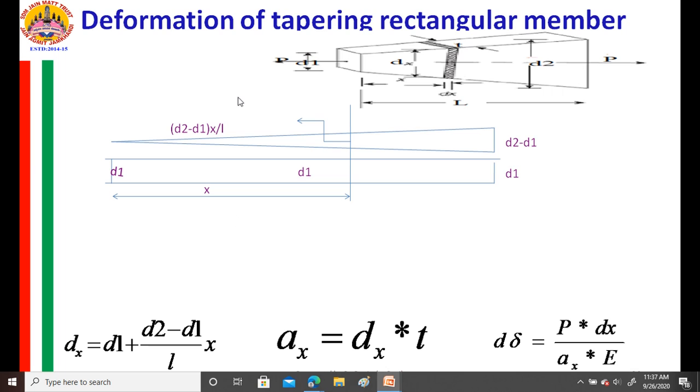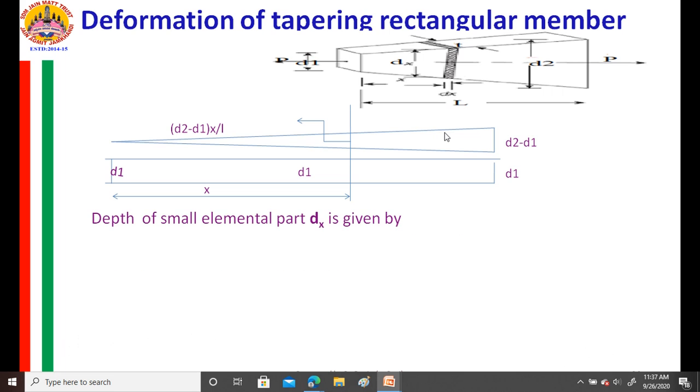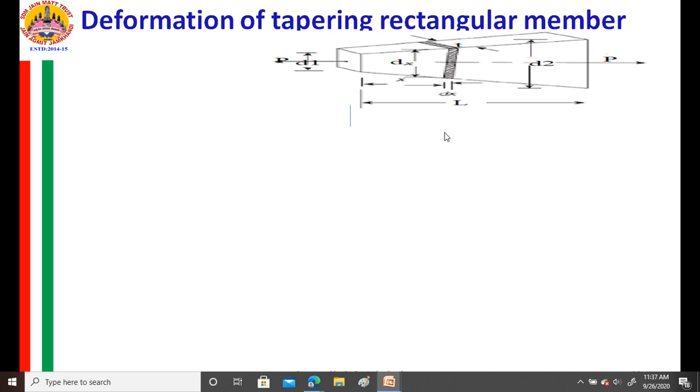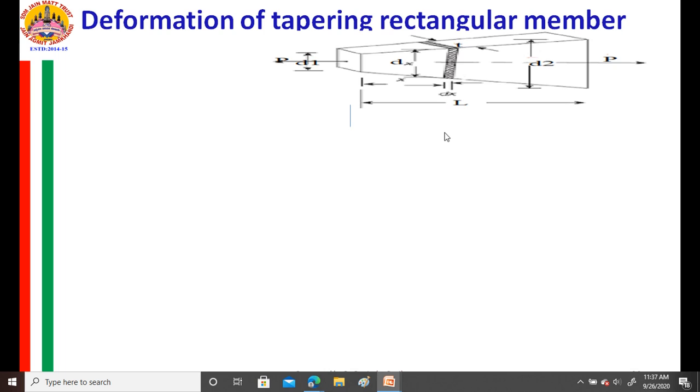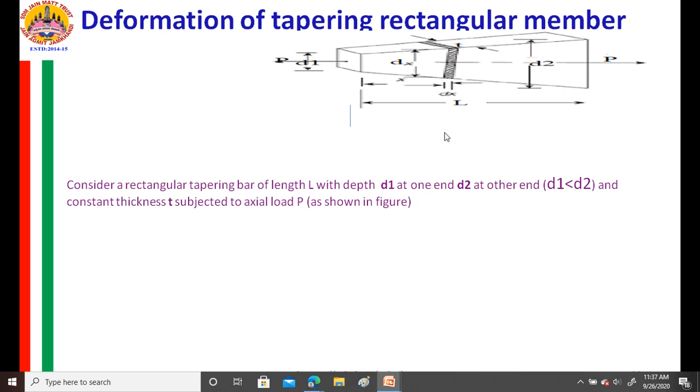Okay. Deformation of a tapering rectangular member. I am considering a rectangular member of length L, where the depth at one end is d1 and at the other end is d2, and d1 is less than d2.